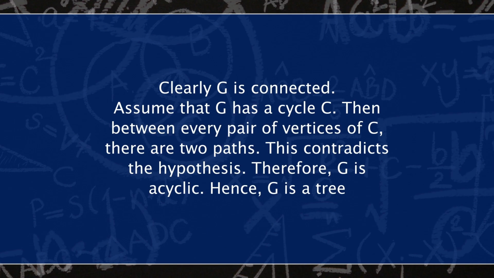You know that between any two vertices of a cycle there are exactly two paths, and this contradicts the hypothesis, right? Because we are given that between any two vertices of the graph there is exactly one path, and therefore G is acyclic, hence G is a tree.